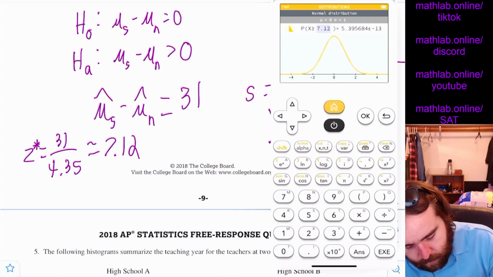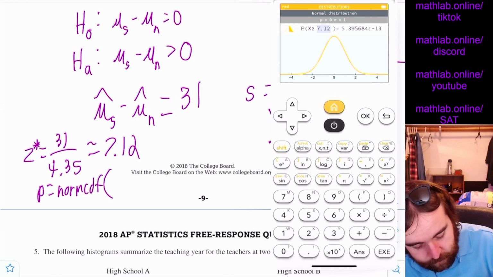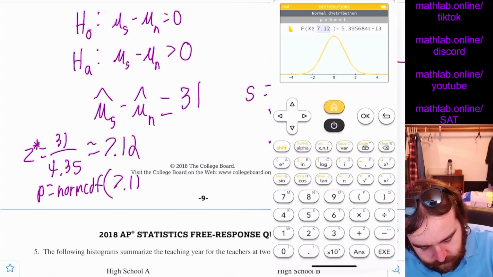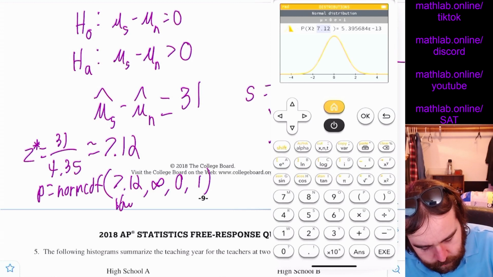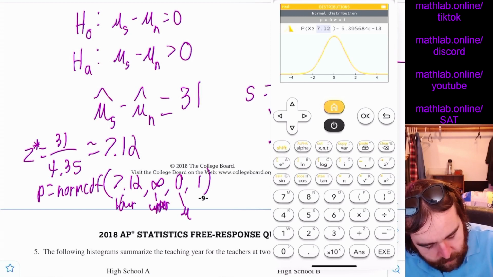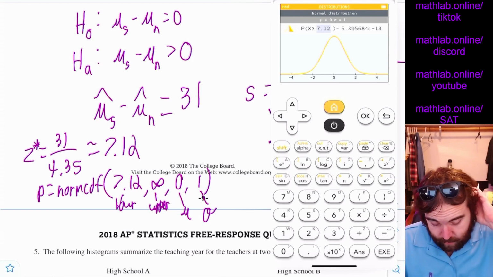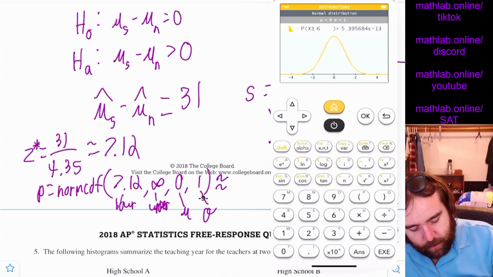So then P equals normCDF of 7.12, comma infinity, comma 0, comma 1. You do have to label lower, upper, mean, standard deviation. And it's approximately 0.